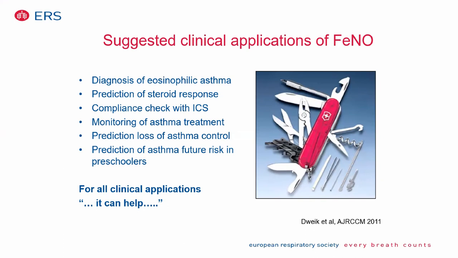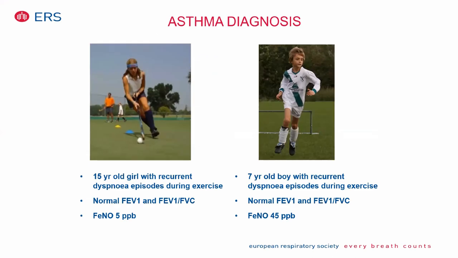It can help. As an example, if we have here two children with exactly the same history, a 15-year-old girl and a 7-year-old boy, both have recurrent dyspnea episodes during exercise. They both have, the day you examine them, a normal spirometry.